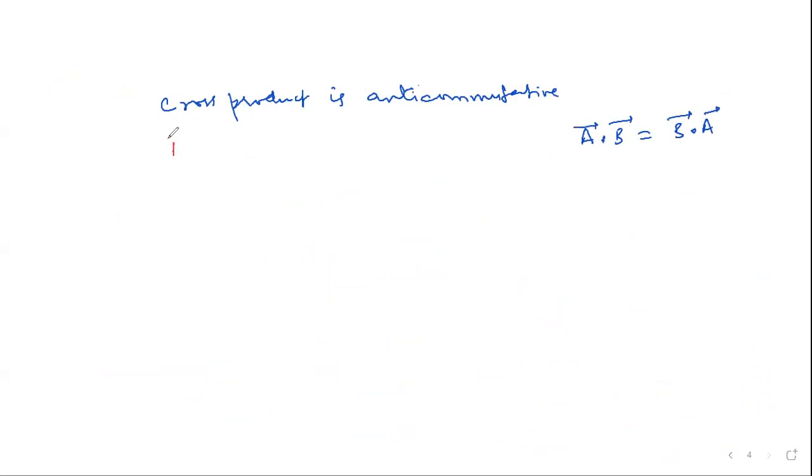But in the case of dot product, A dot B is the same as B dot A. So there we say dot product is commutative.